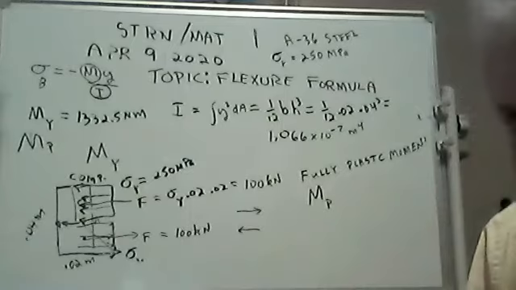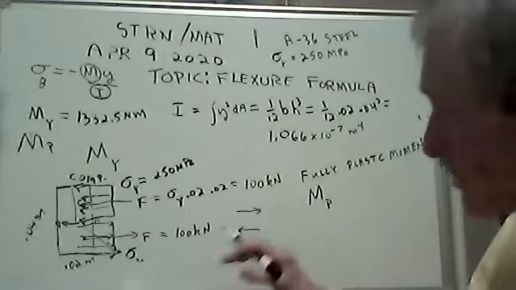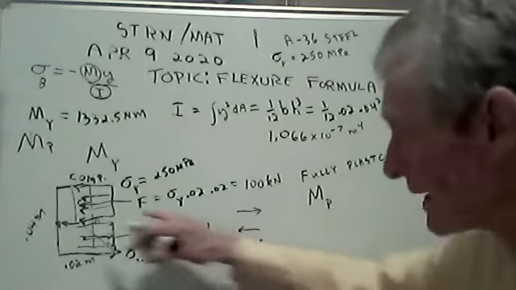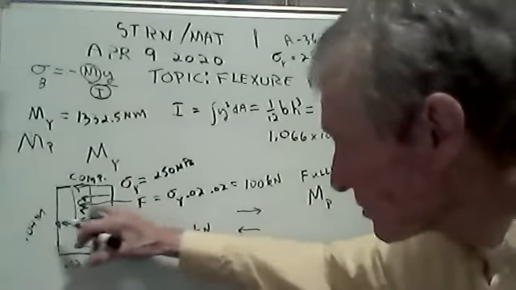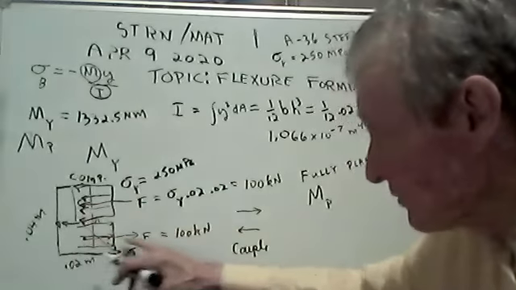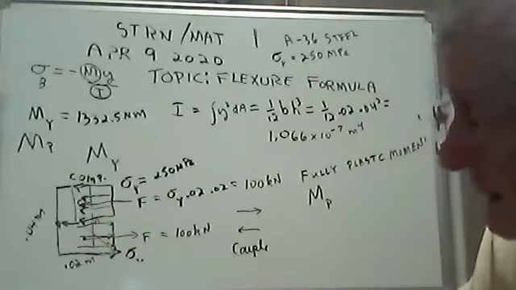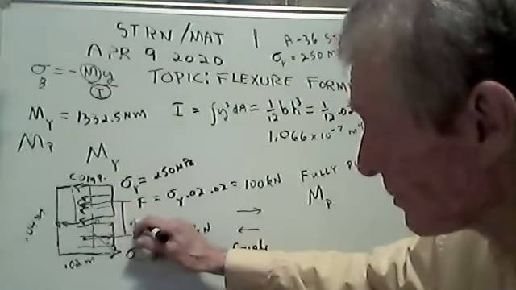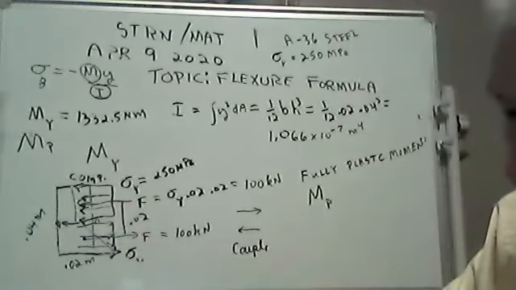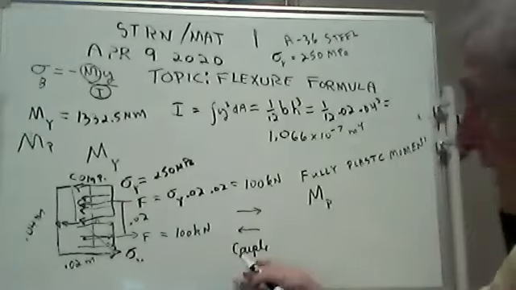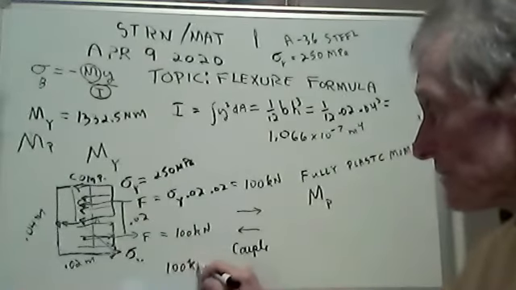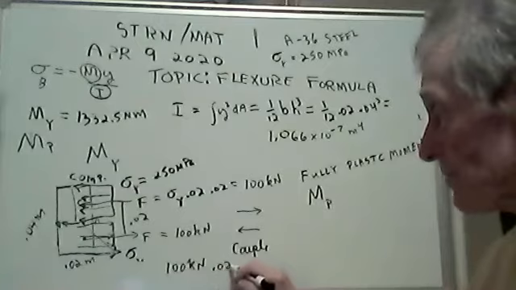It's called a couple. I know you've heard of couples. Well, we have a couple here. We have a force going that way and an equal force going that way, equal and opposite. And the distance between them, I think, is 0.02. And so the value of this couple is 100 kilonewtons times 0.02 meters.